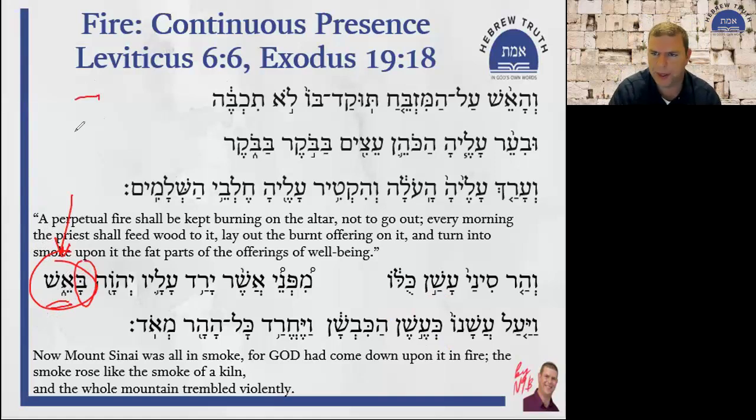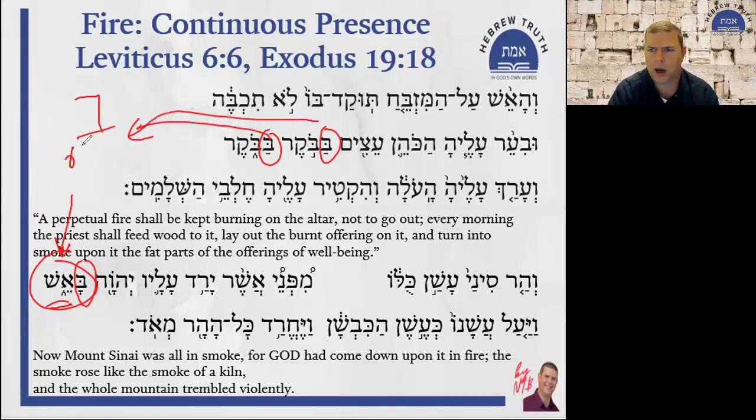The preposition bet is used for various purposes. Here you can see Boker Boker, marking the time of the action, in this case the setting on fire. And here you can see the bet being used differently, being used to show the means, the instrument.